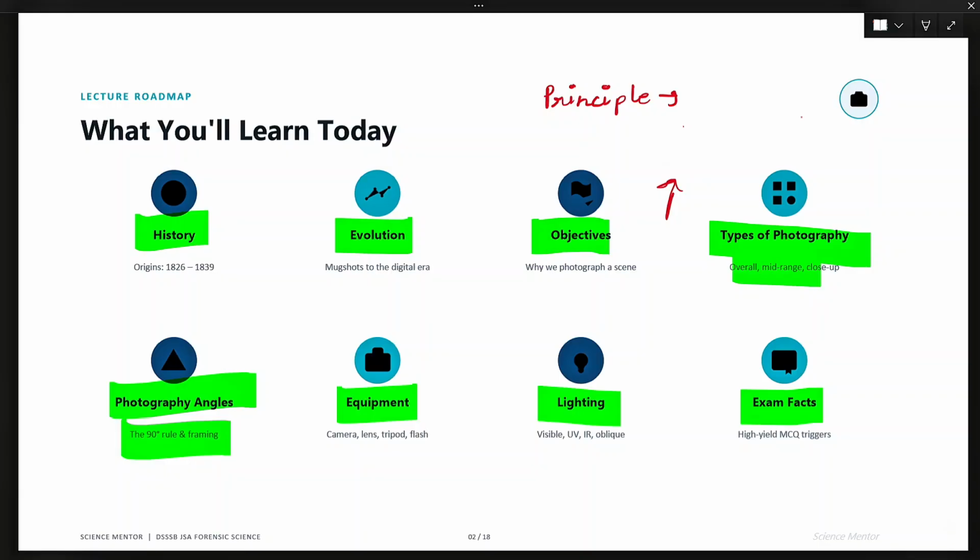Has anyone moved any evidence? What should we photograph first? From which position should I begin? Is this scene properly documented? If you develop the habit of these five questions, you will naturally understand every topic that comes later in this lecture. When we study overall, mid-range and close-up photographs, you will already know why they are taken in a particular order.